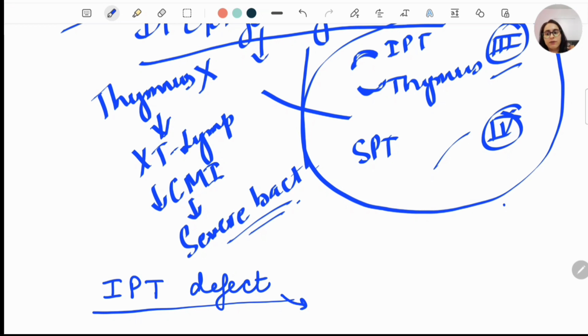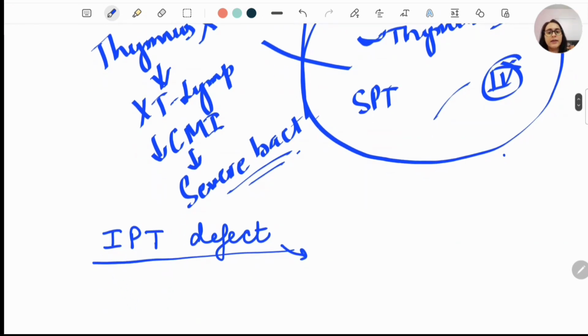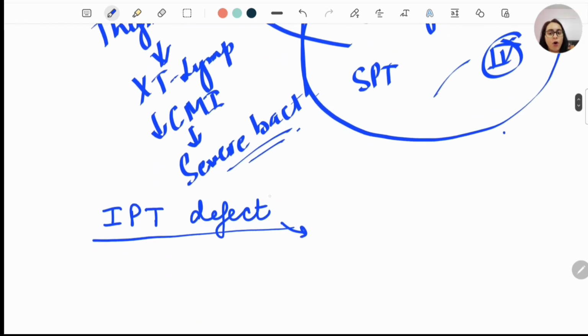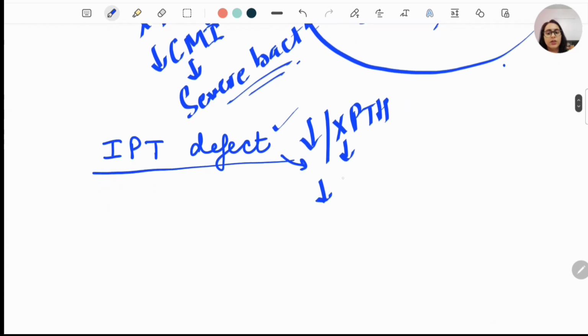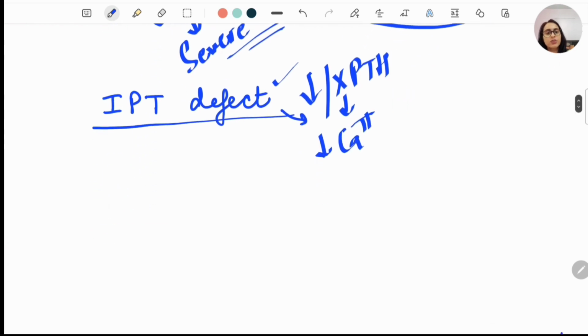Also, because the dorsal part forms the inferior parathyroid, there will be a defect in the inferior parathyroid as well. So there is going to be reduced or no parathyroid hormone, and because of that there is going to be a reduced calcium level.